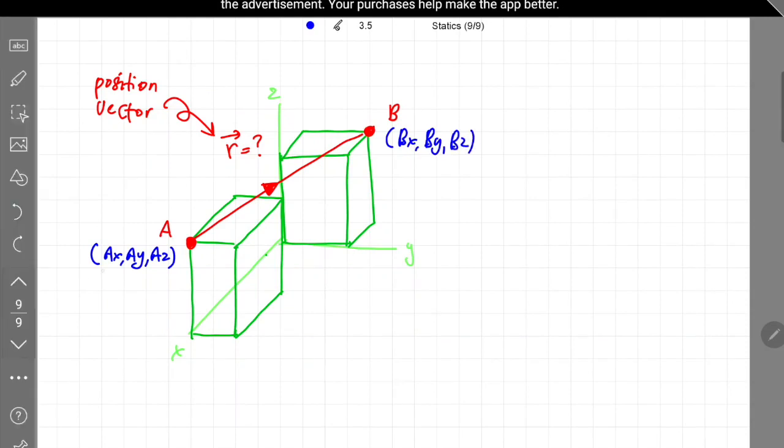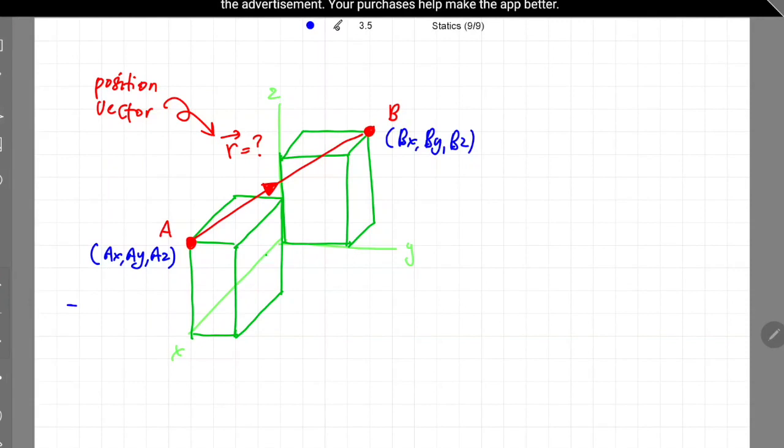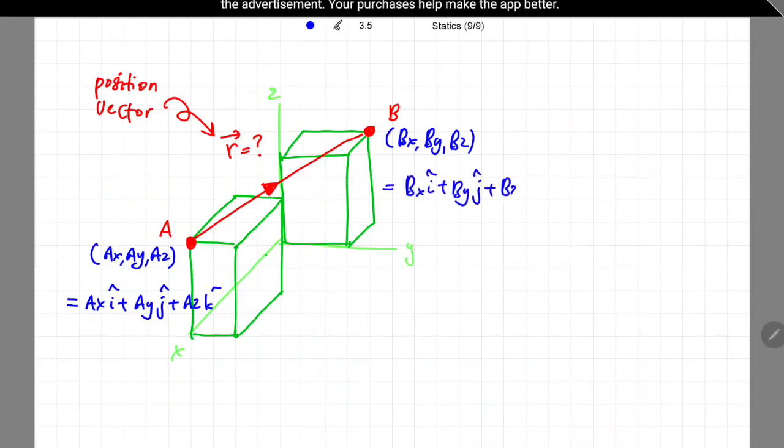If we rewrite these coordinates as Cartesian vectors, then position A would be AX i hat plus AY j in the direction of Y plus AZ in the direction of k. Similarly, vector B in Cartesian vector form can be represented with BX i plus BY j plus BZ k.